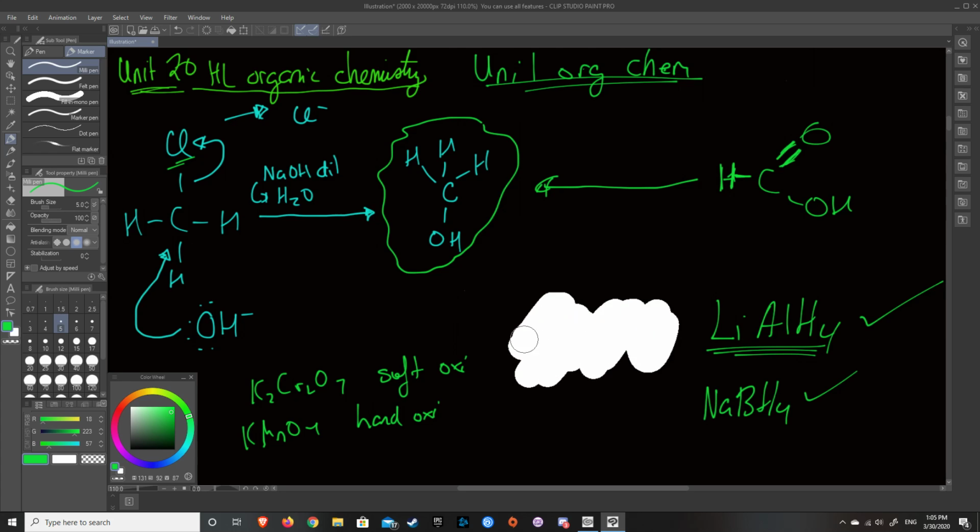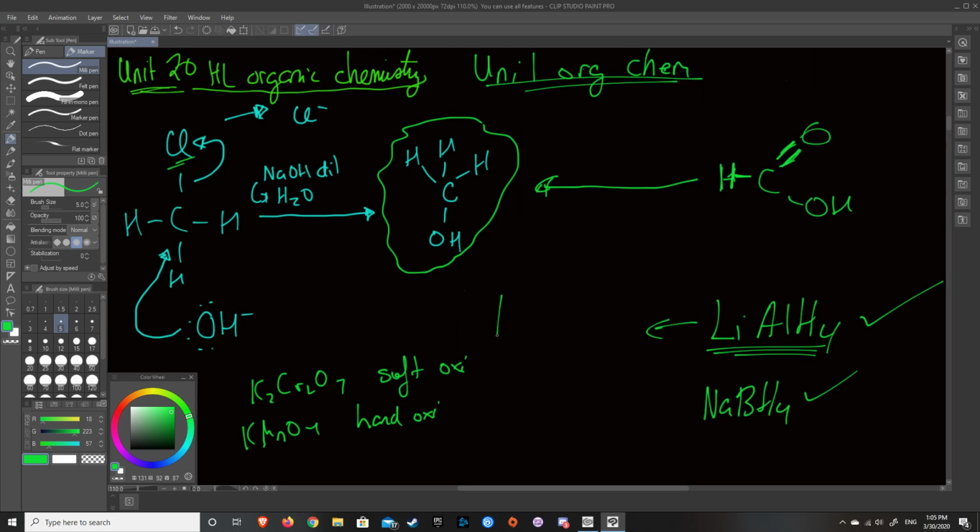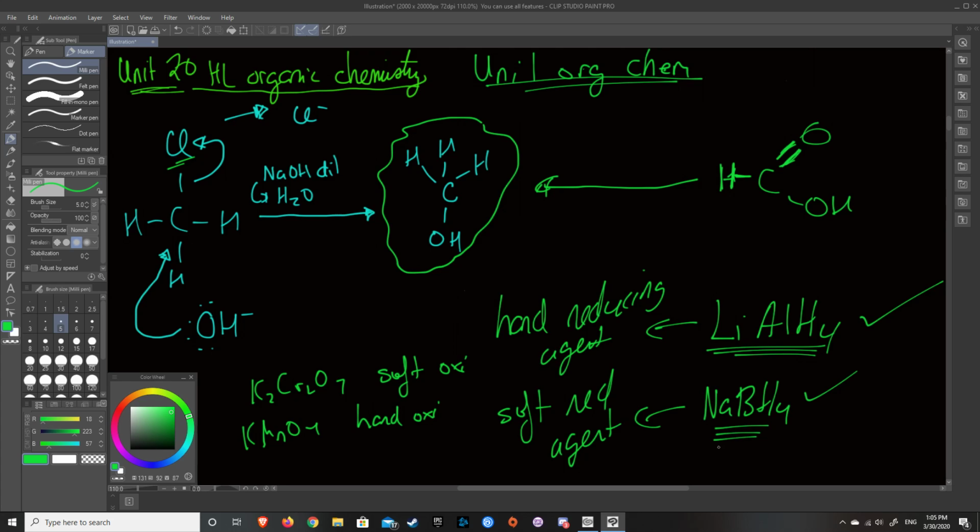And we had done the same thing. We had said that lithium aluminium hydride was a hard reducing agent, and sodium borohydride was a soft reducing agent. So in this case, we had said this one could reduce ketones, and it can reduce aldehydes, but it can't necessarily reduce carboxylic acids.